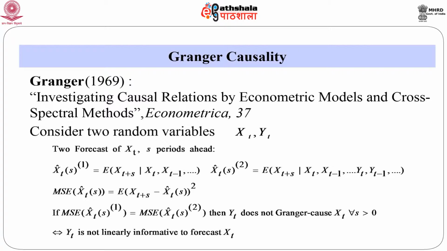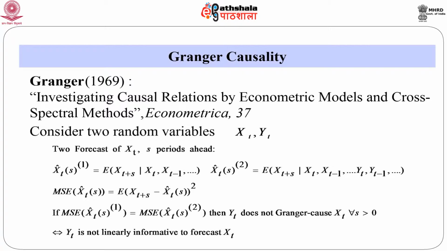In the first forecast, we forecast the value of xt given the past values of xt, and in the second forecast we forecast the future values of xt taking into account the past values of xt as well as the past values of yt.